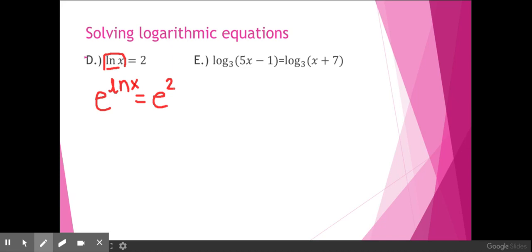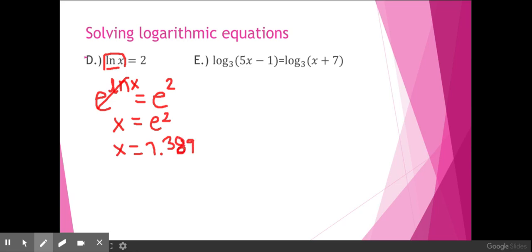That whole piece becomes the exponent. So keep in mind, this whole thing should always be up in the exponent now with whatever base cancels this out. Cancels, we get x equals e squared. We can plug that into the calculator and we get 7.389. I'm also rounding to 3 decimal places here to keep it consistent.